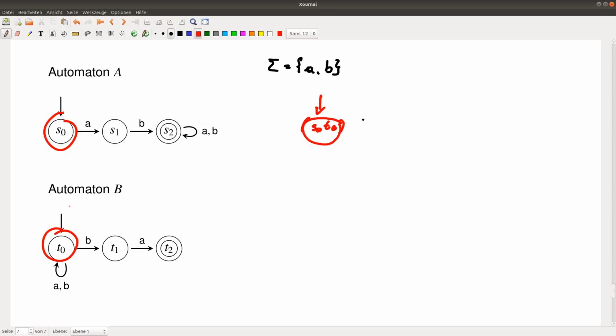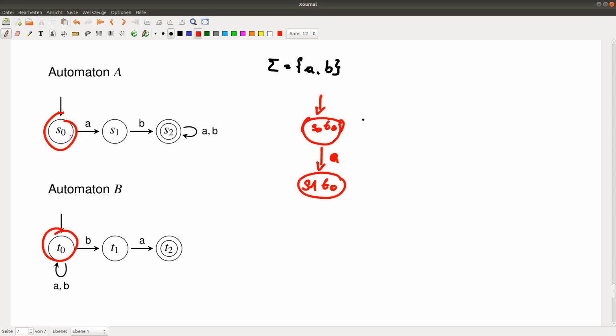Okay, the next thing is we have to check where we can go with A and where we can go with B. With an A, we can go to S1 here, and with an A, we can go to T0 here. So in the product automaton, we go with an A to S1 T0.